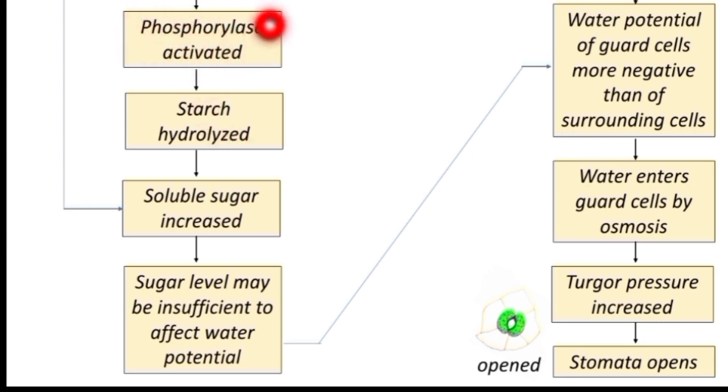Phosphorylase enzyme is activated, and the conversion of starch to sugar takes place. The rise in the sugar level, according to the classical concept, leads to a change in the turgor of the guard cells, but according to the modern concept, this change is insufficient to affect water potential of the cell.